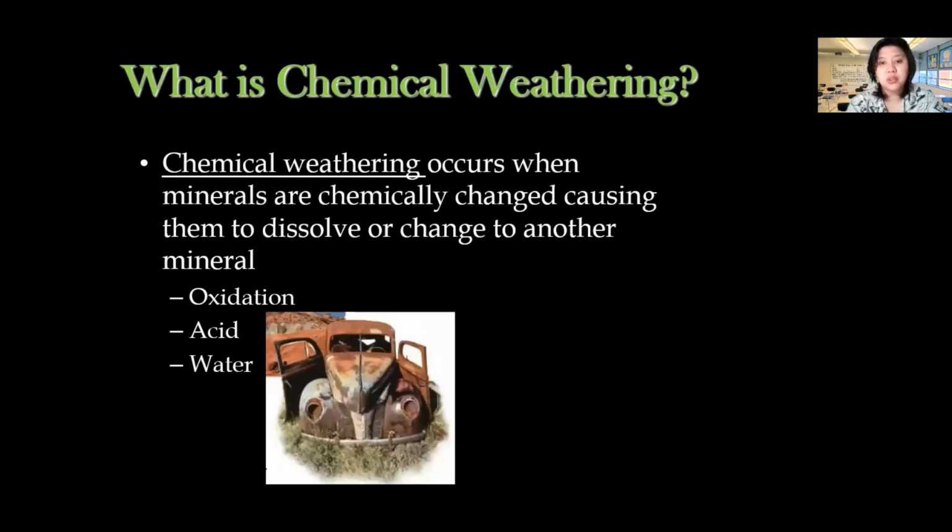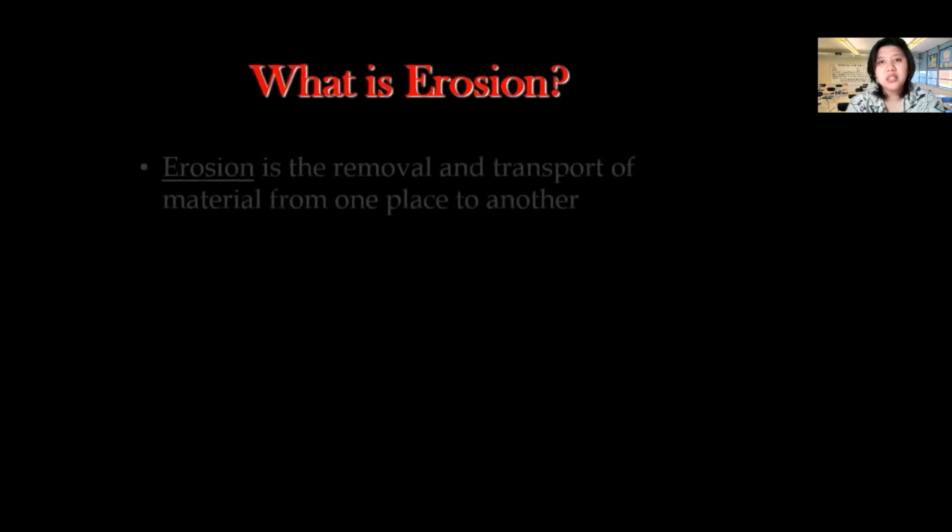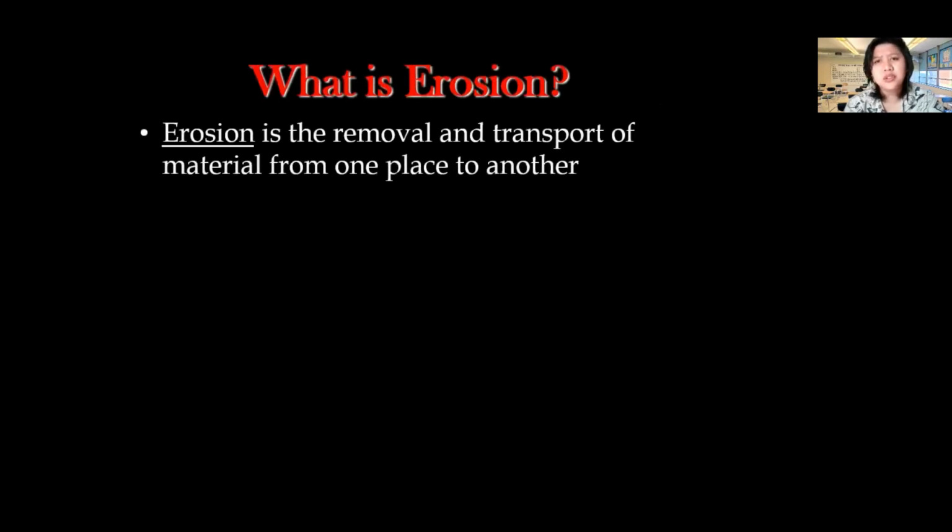So the fate of those particles from the big chunk of rock will go through a process called erosion. So what is erosion? Erosion is basically the removal and transportation of materials from one place to another. Meaning the materials that have fallen from the rock chunk will move from one place to another, and now they are easily eroded.